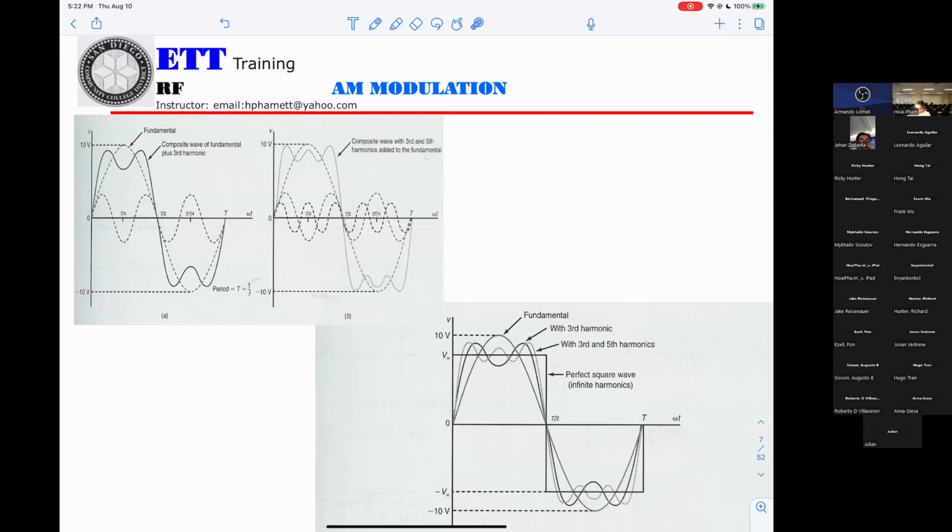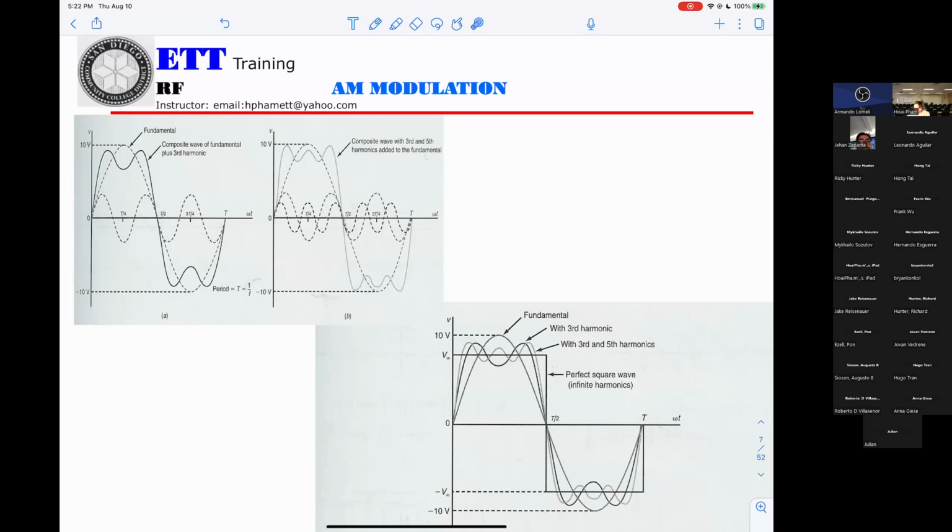So if the base fundamental frequency is 1 kilohertz, the third harmonic will be 3 kilohertz. Fifth harmonic will be 5 kilohertz. Seven will be 7 kilohertz.